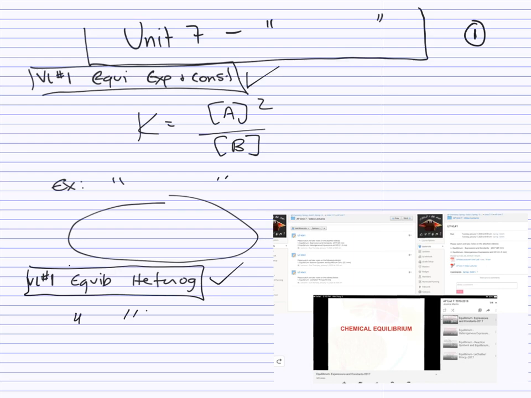Okay, so things that I'm going to be looking for in your notes and your notebooks that you submit. First of all, the notes that you're taking from your video lectures are on the left-hand side of your notebook. That you have a title for the unit, that you have your page number in the upper right-hand corner, that you have what video lecture we're actually looking at, as well as the name of the video.